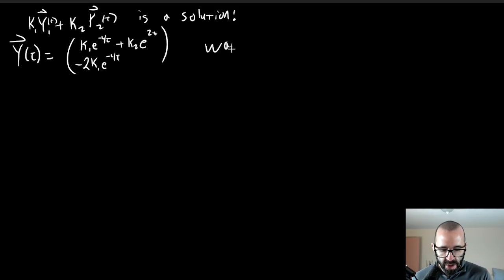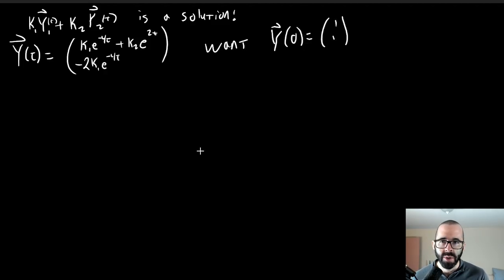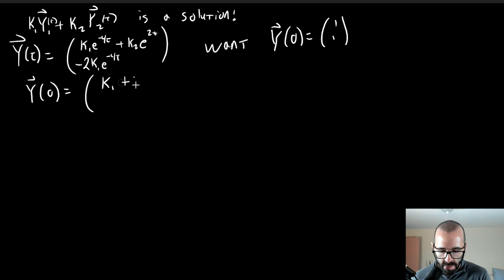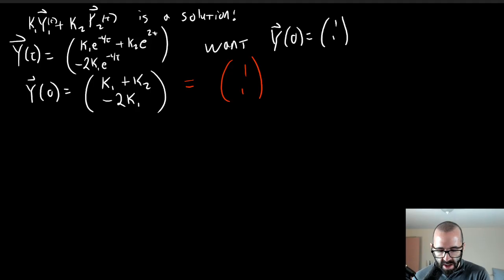Okay, and again, we want y of 0 to equal 1, 1. So we have a system of equations, right? What is y of 0? That's going to be k1 plus k2 and negative 2 k1. So if we set this equal to 1, 1, what are we going to get?